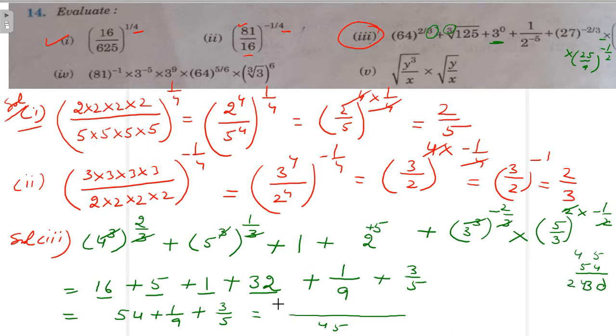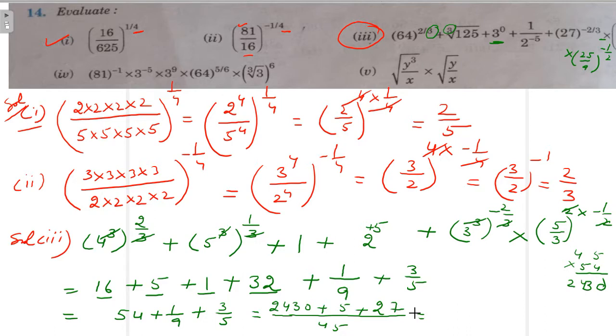So here after multiplying 45 by 54, you will get 2430 plus 9 5s are 45 plus 5 9s are 45, 9 3s are 27.